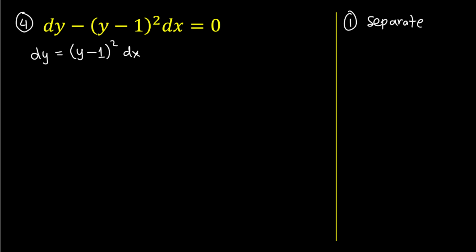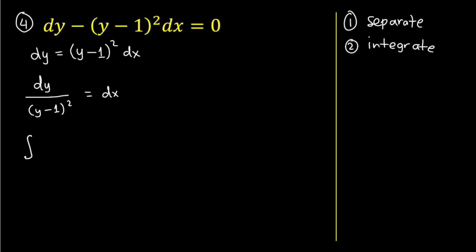And now what can we do from here? I will have dy over y minus 1 squared, and that will equal dx. And we have a nice separation here, so we can just integrate both sides. So we will need to integrate. Right? Okay, how to do that?